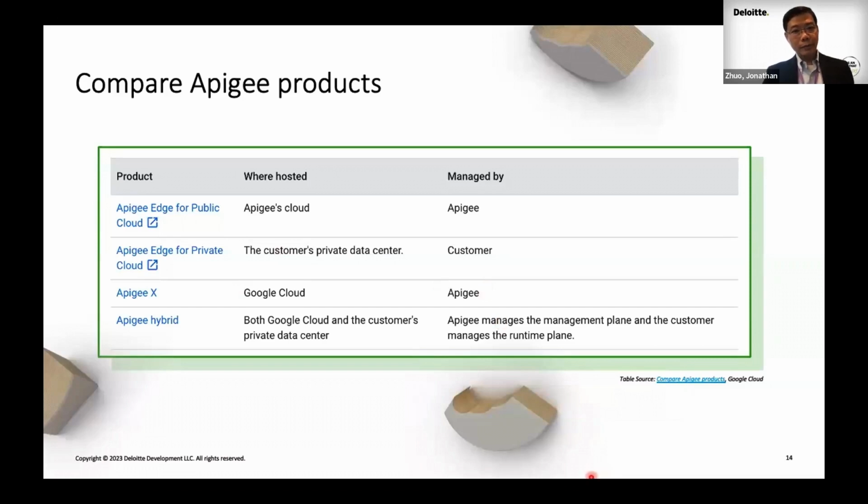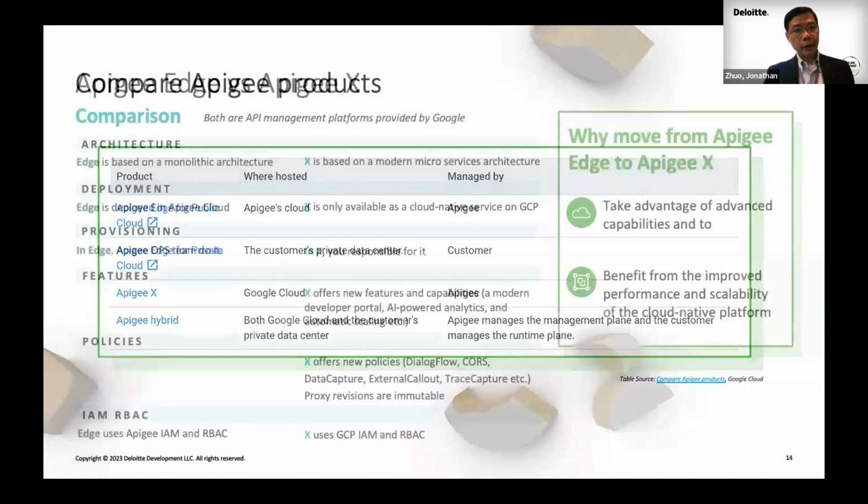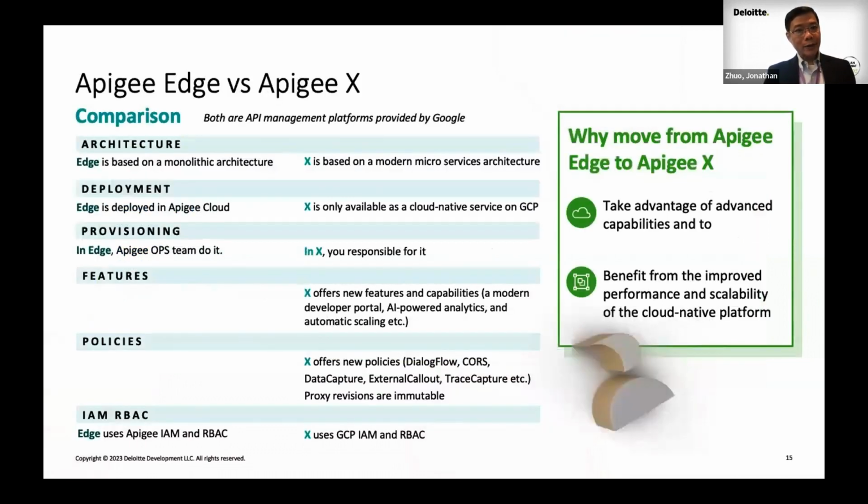If I do a comparison between both, Apigee Edge and X are both API management platforms provided by Google. Architecturally, Edge is based on a monolithic architecture, and X is based on a modern microservice-based architecture. From a deployment perspective, Edge is deployed in Apigee Cloud, and X is only available as a cloud-native service on GCP.